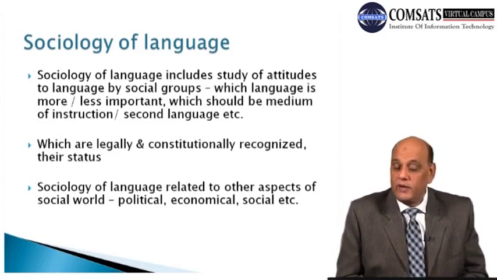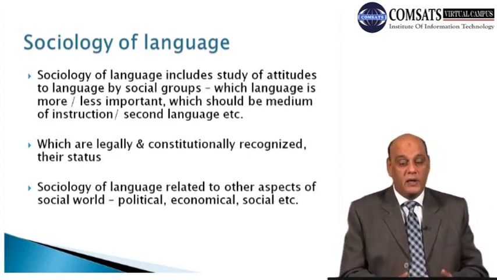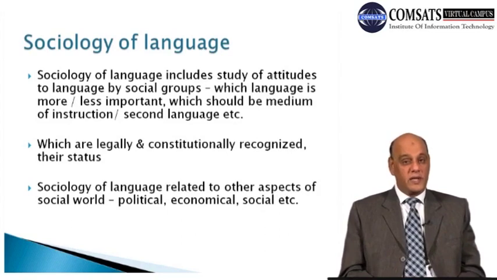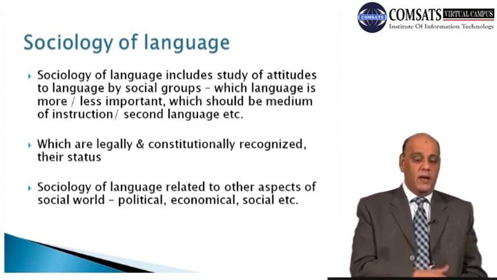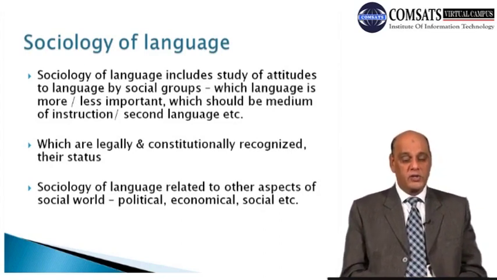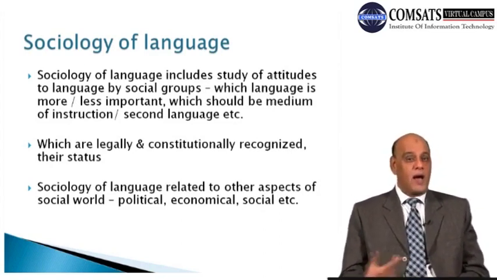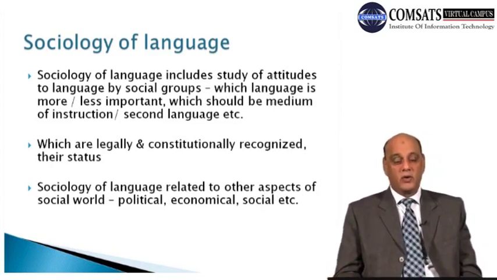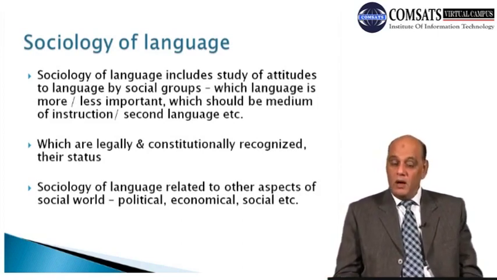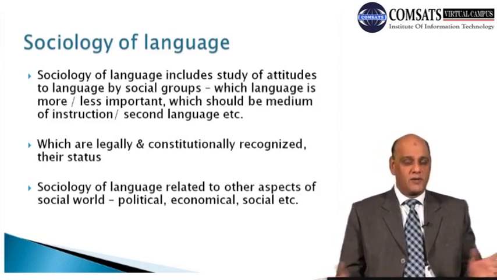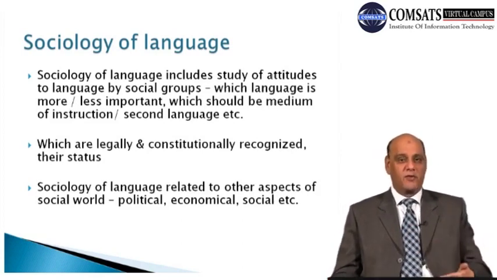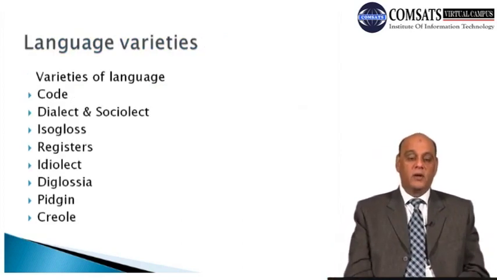Sociology of language is related to other aspects of the social world, like political, economic, social. We said that socio-economic, political and social changes have an impact on the kind of language used. So it has a wide scope, and you have different kinds of varieties coming from different professions.